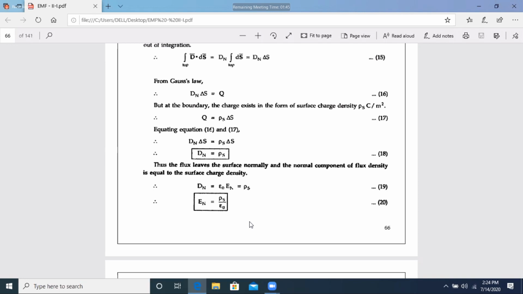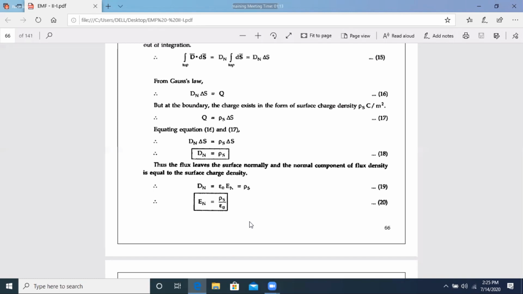The formula to find D tangential 2 is epsilon R, epsilon naught, E tangential 2. Epsilon R is 4 times epsilon naught, and E tangential 2 is 2ax plus 3ay. So you can find D tangential 2 now.